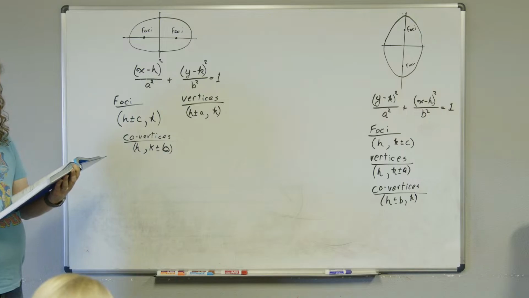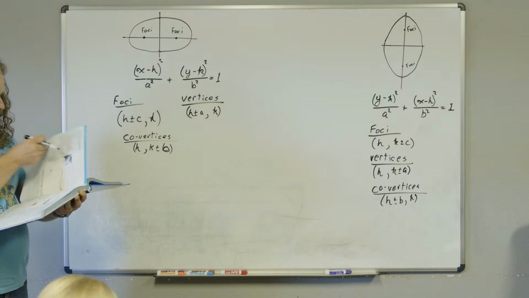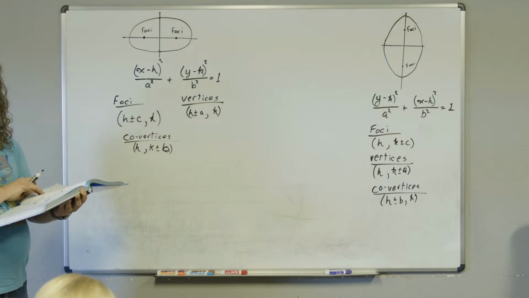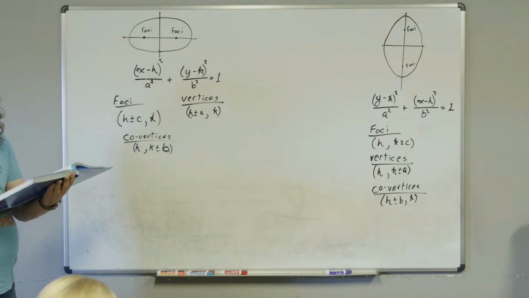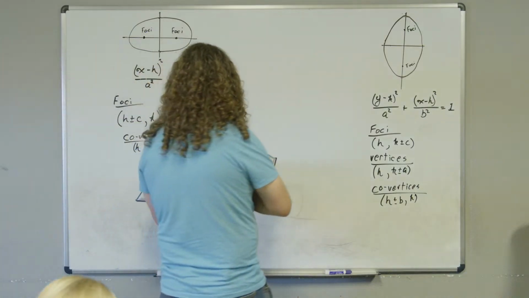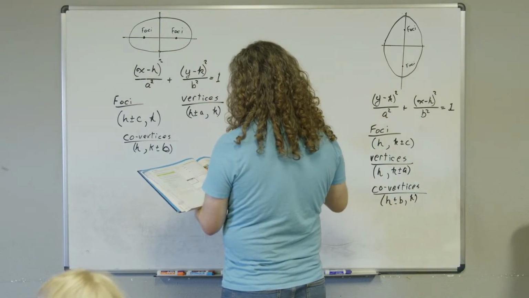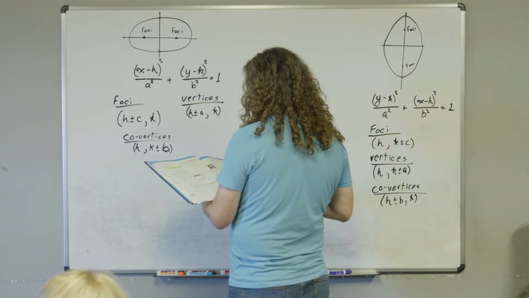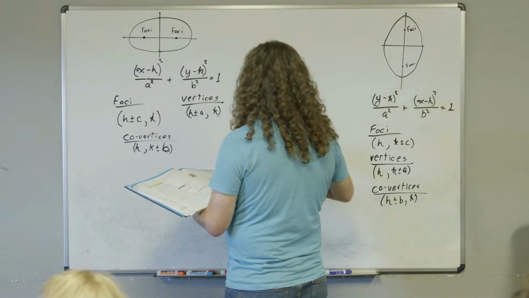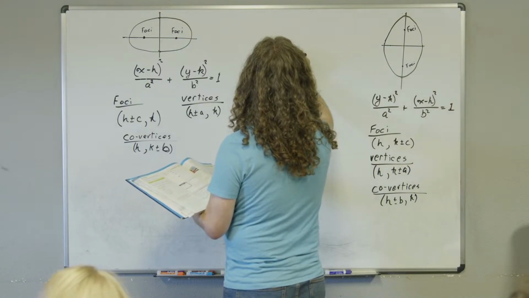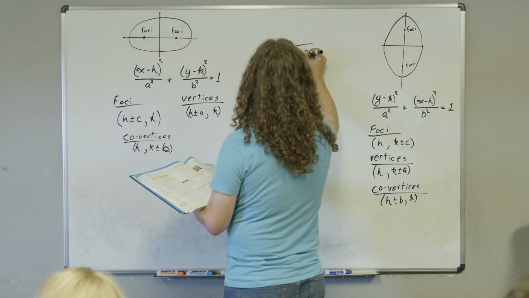But we need c. Why don't they give that formula right here? It's c equals the square root of something. I think it's minus. It's the square root of a squared minus b squared, I think.